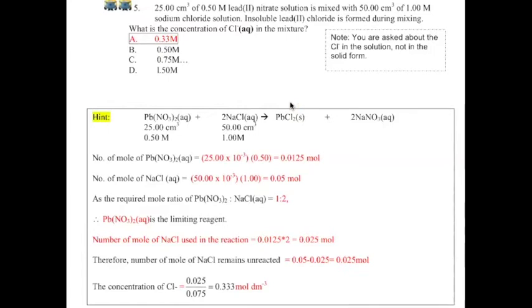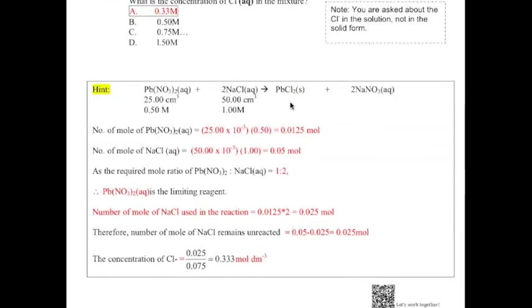It should be the remaining chloride in the mixture. So it would be the total amount you add in minus the part that has been used in the reaction. That's the part that is left in the mixture. And to work out the concentration, you just use number of mole divided by the volume, which will give you the concentration. Okay, so that's the first one.